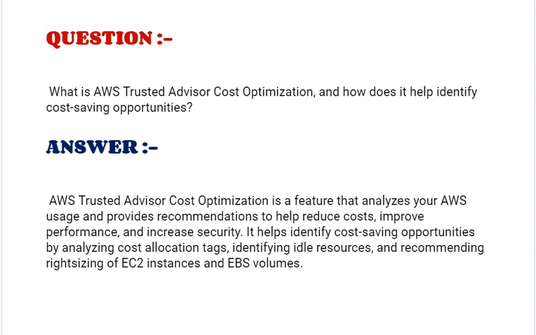Our next interview question is: what is AWS Trusted Advisor Cost Optimization and how does it help identify cost saving opportunities? Your answer should be: AWS Trusted Advisor Cost Optimization is a feature that analyzes your AWS usage and provides recommendations to help reduce costs, improve performance, and increase security.